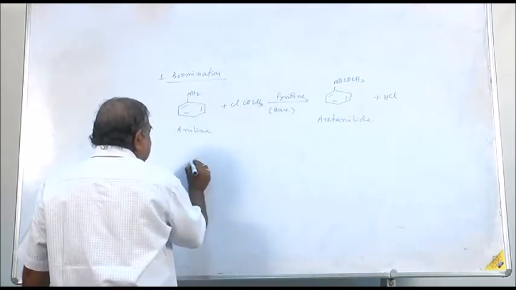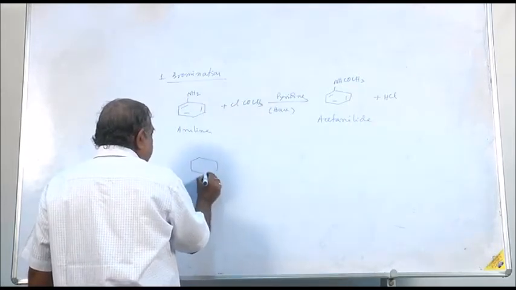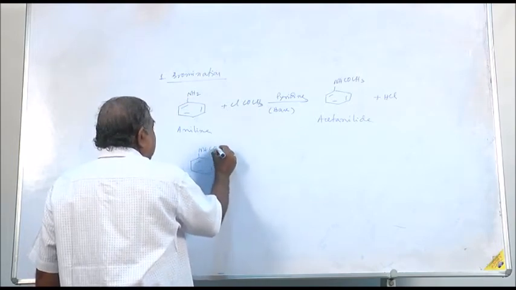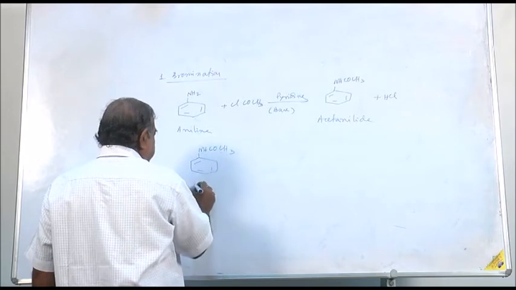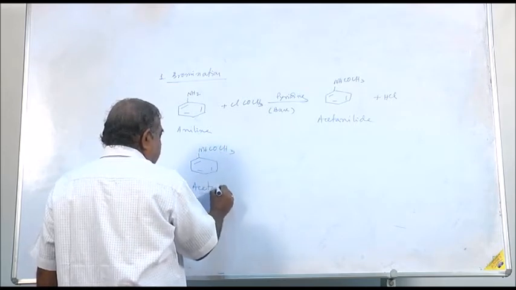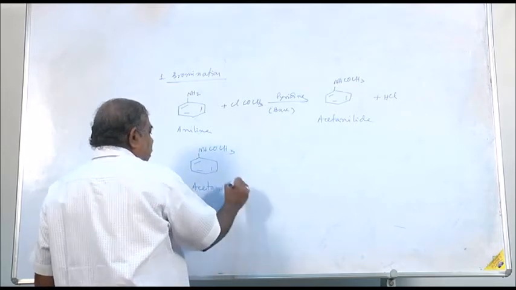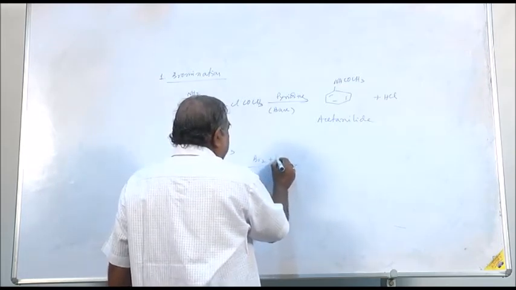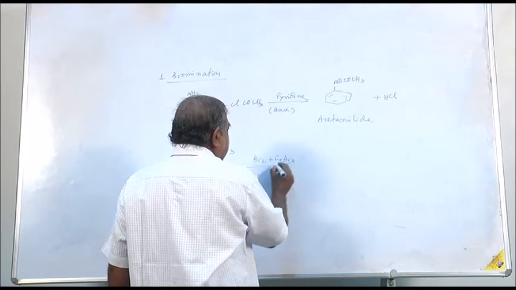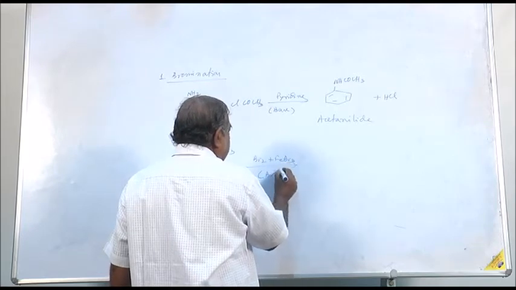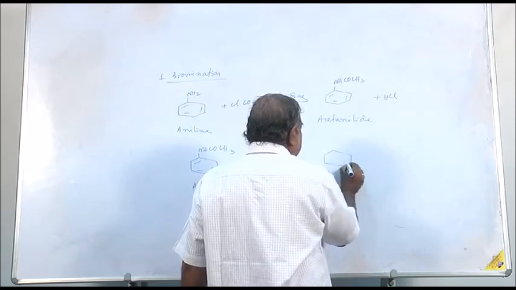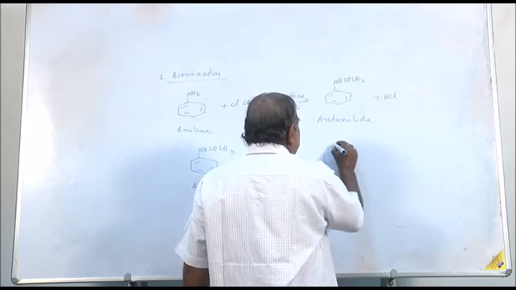When this acetanilide is now brominated by using bromine, this is the brominating reagent, where you will get Br plus. Only the para position will be brominated.